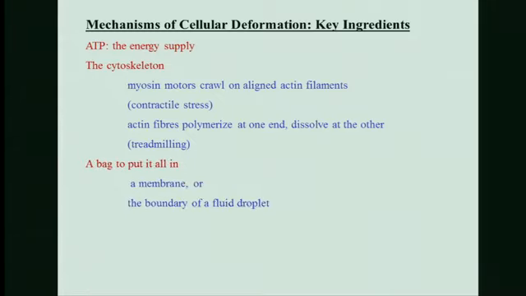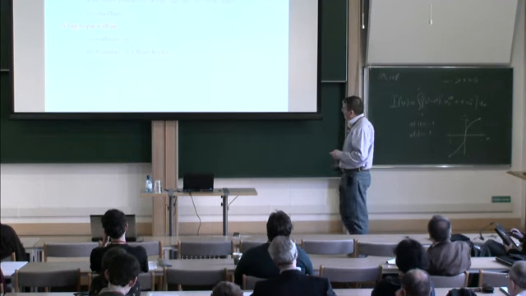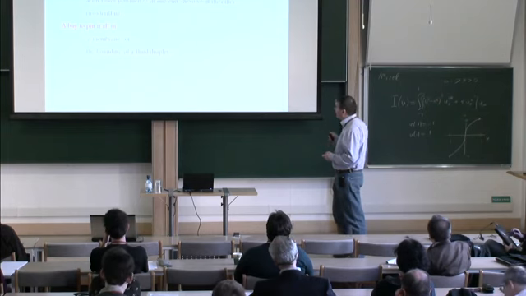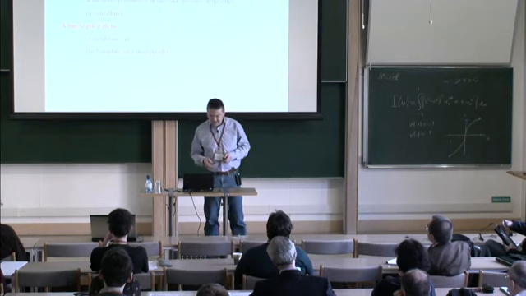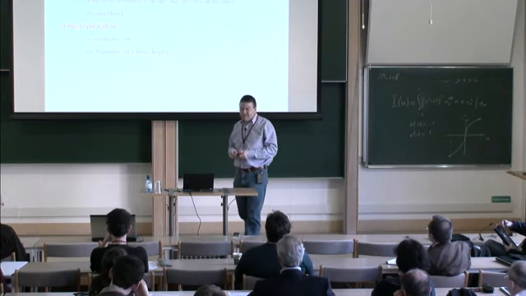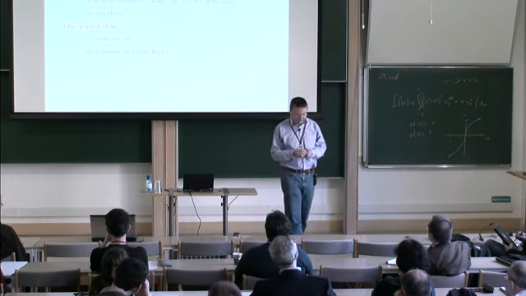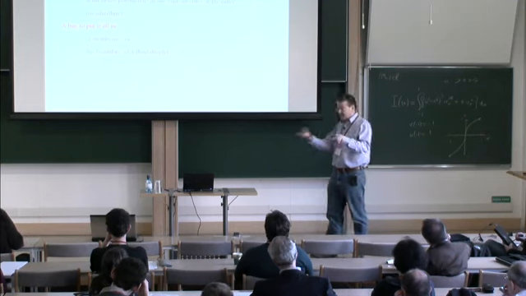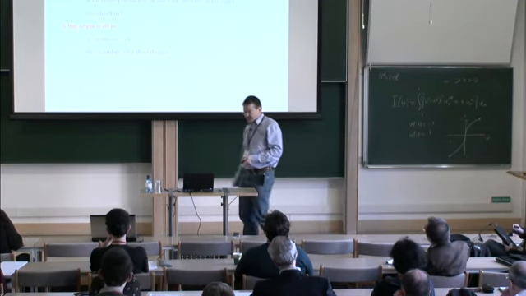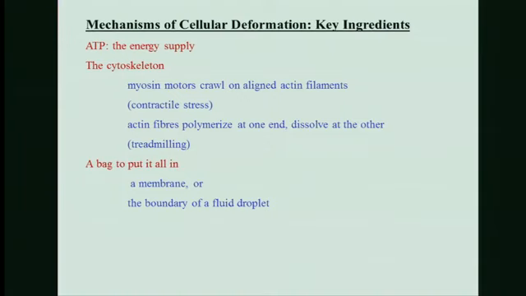So to understand in the simplest way how cells might move, what you need is this stuff and put it in a bag. That's a cell. You might put it inside a membrane, or even simpler from the point of view of mathematical modeling, you might just confine it into a fluid droplet, in some other fluid as the surroundings, so that it is just a confined space in which this stuff can live and do its thing.